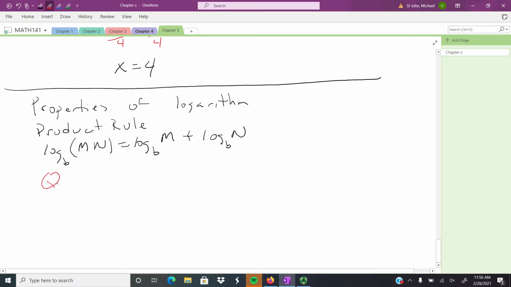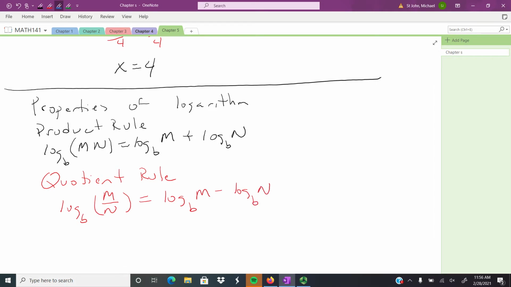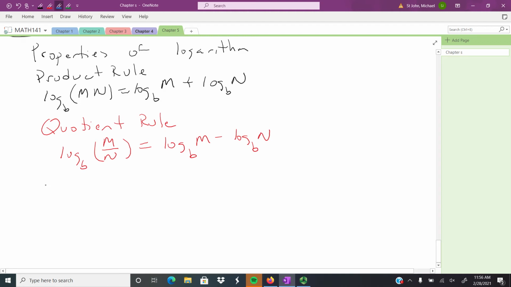Next one is the quotient rule. Log base b of m over n is the log base b of m minus the log base b of n. And then we have the power rule. Well, the log base b of m to the p is p times the log base b of m, right?